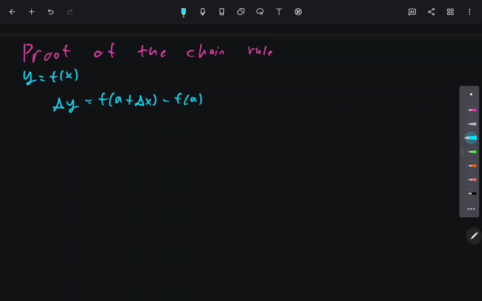Okay. So if we want to know the derivative of that, we are going to divide both sides by a change in x. Then we are going to take the limit as this change in x approaches 0. And this is equal to f prime of a.